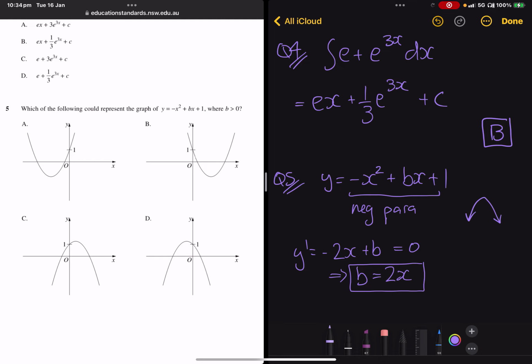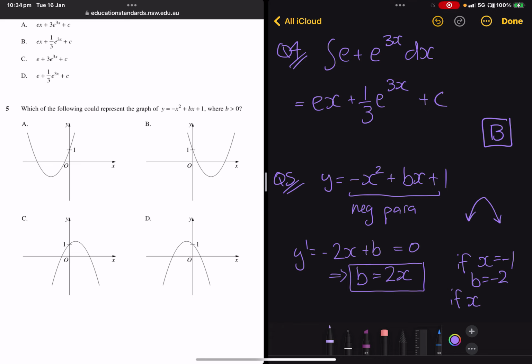Now, if you think about that, the b value has to be 2 times whatever x is. If x is minus 1, then b will be minus 2. If x is 1, then b will be 2.